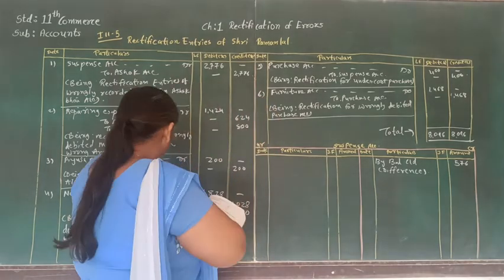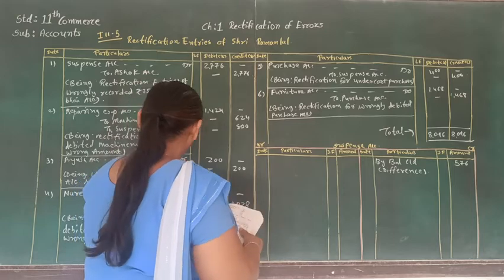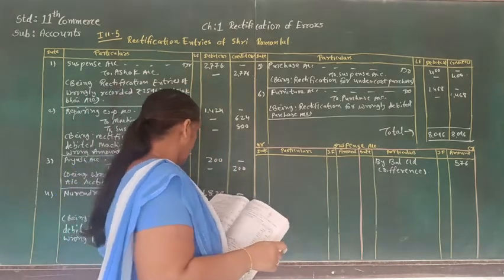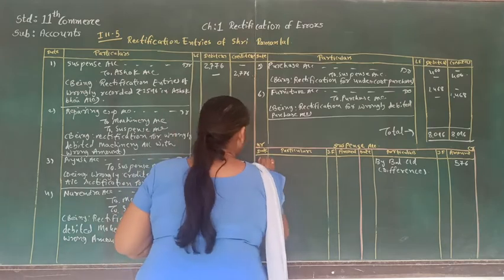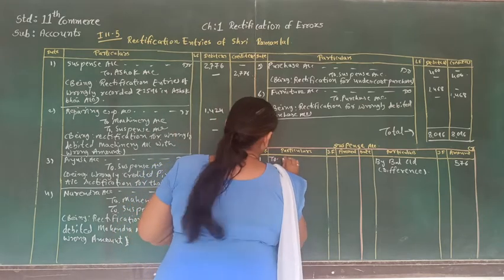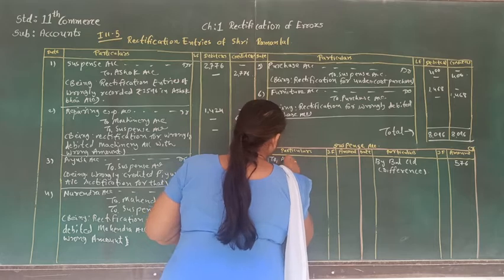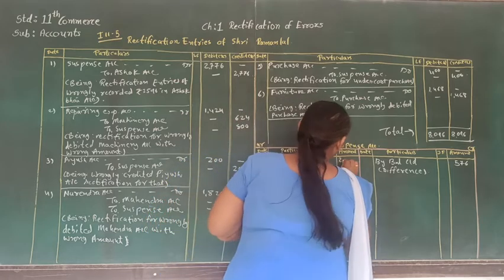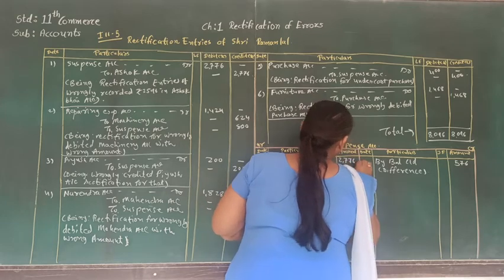So here we can see that on the debit side of suspense account we are supposed to write to Ashok account, and the date will be first, to Ashok account, and the amount will be 2776.